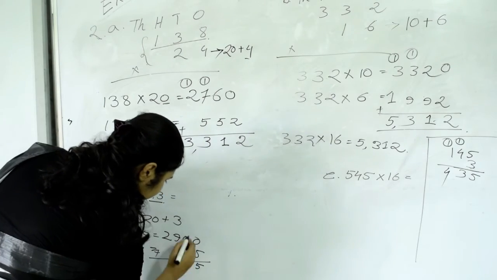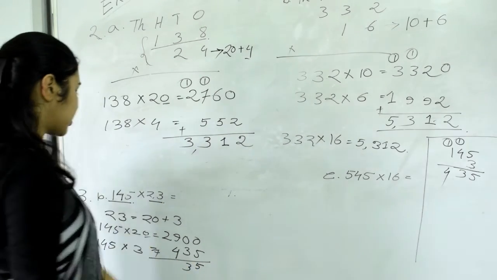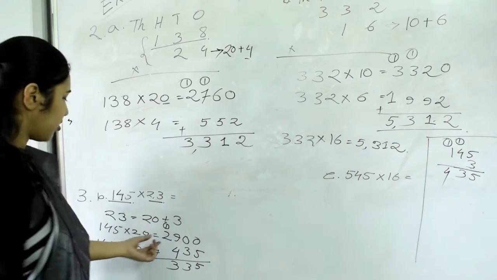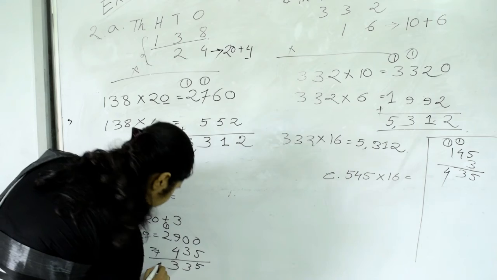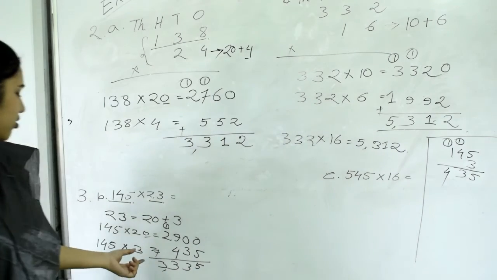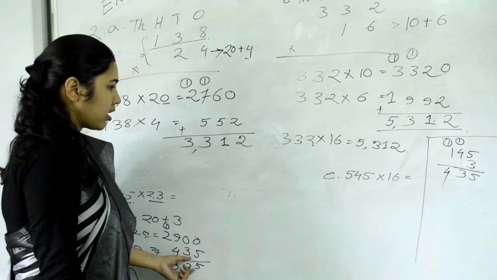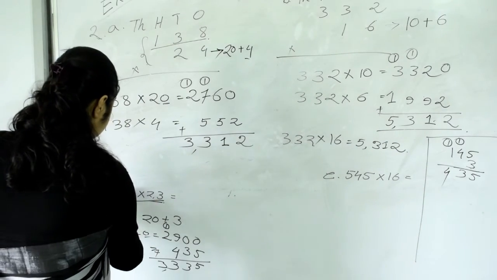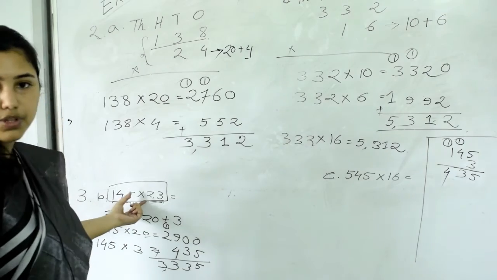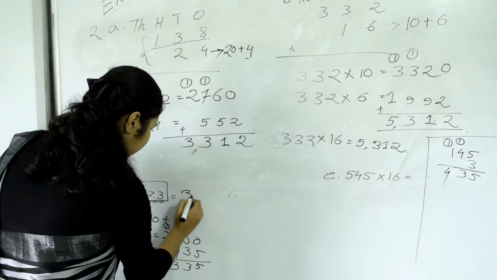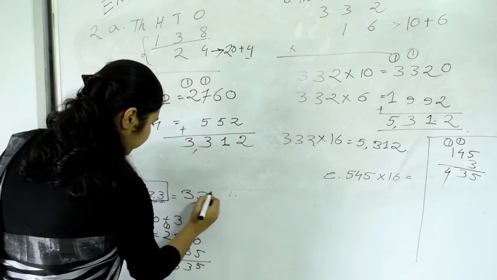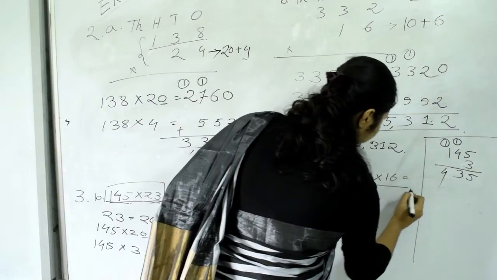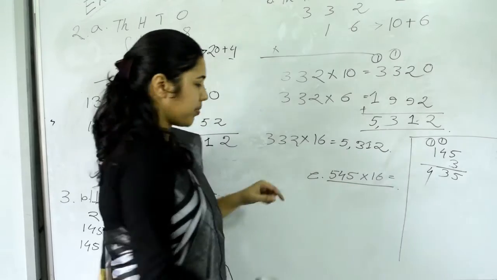So 5, 3, 4 plus 9, 13. Carry 1 in thousands place. 1 plus 2, 3. So 3335. So our answer, which means the product of these two numbers, is 3335.